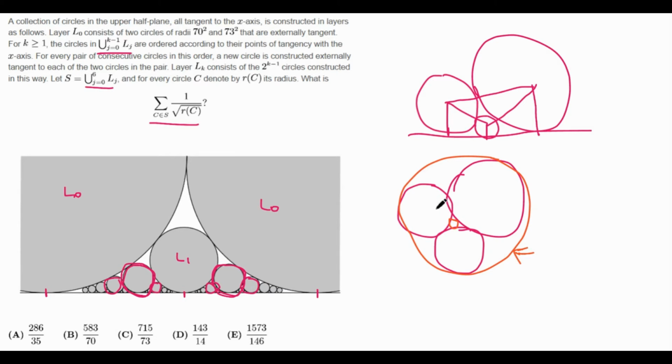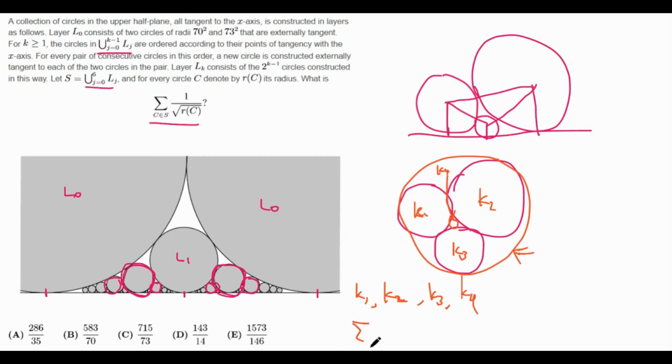So what does Descartes' theorem actually say? Well, it says that if we have the curvatures of the 4 circles be k1, k2, k3, and k4, for example, if this is circle C1 with curvature k1, curvature k2, curvature k3, and curvature k4, then they satisfy this relationship.